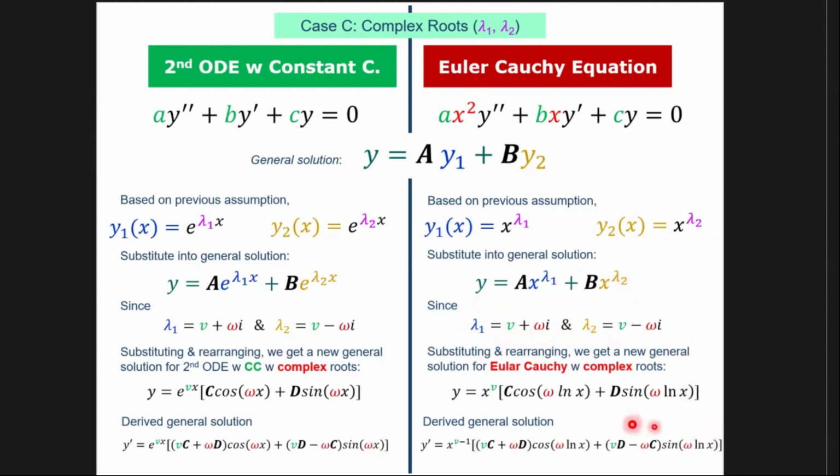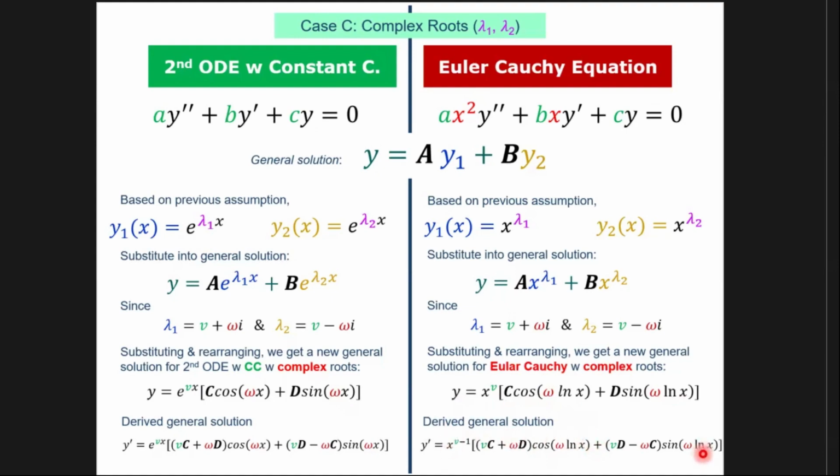After rearranging and everything, we get a new general solution for the Euler-Cauchy equation with complex roots. Similarly, for this general solution, the constants used now are C and D instead of A and B. I also provide the derived general solution in case it's needed.